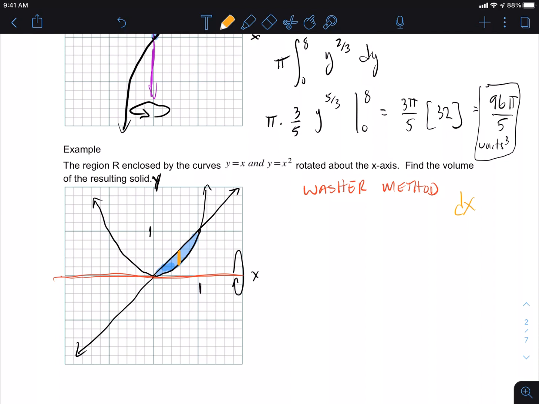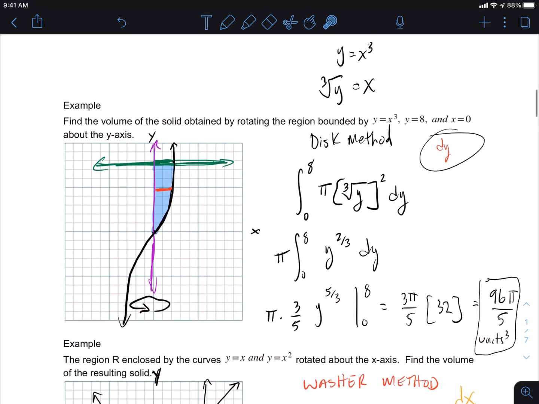I have a question. So when you're slicing it, it's always horizontal, right? Doesn't matter if the graph... In this case, this one's a vertical cross-sectional slice. Yeah, I'm sorry, that's what I meant. This one's horizontal. So it depends on what they're talking about in terms of axis of rotation.